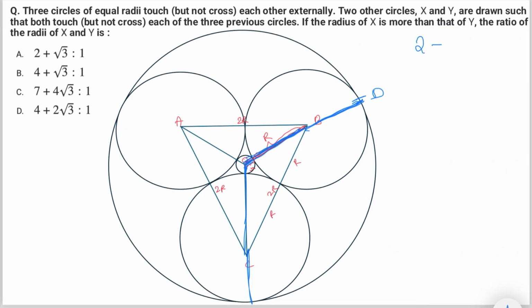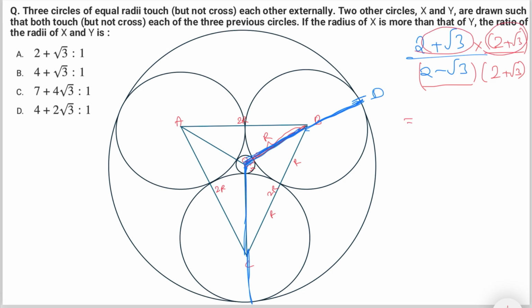For rationalization, we simply multiply and divide by the conjugate of the denominator. If it is 2 minus root 3 in the denominator, we multiply and divide by 2 plus root 3 above and below. So this will give me 2 plus root 3 into 2 plus root 3 in the numerator, which is 2 plus root 3 the whole square.